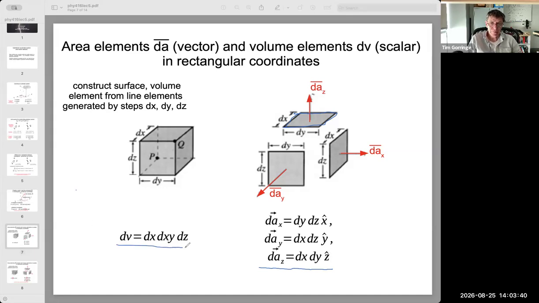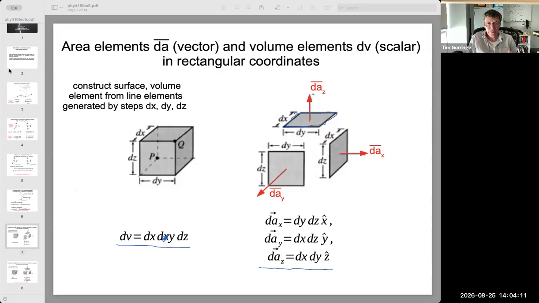If we want a volume element, we just multiply, well, there's a typo here too. I've got a little bit of homework coming up in cleaning up typos. This volume element is just, we construct a volume by taking steps in x, y, and z. And so its volume element is dx dy dz. That's what we got here. And it's this pattern that we're going to follow for the cylindrical coordinate surface elements and volume elements.